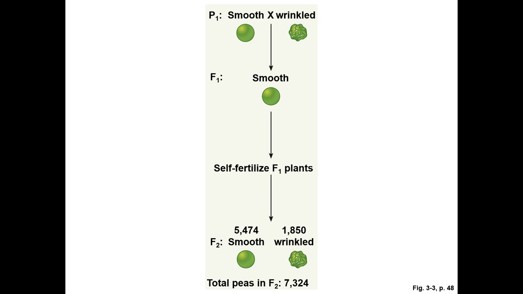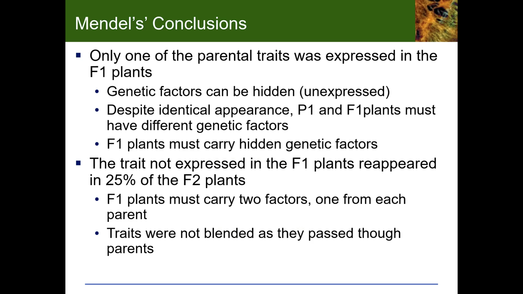Now these numbers are actually kind of important. Not that you need to have them memorized necessarily, but they're important because later on they'll show statistically that you get a 3-to-1 ratio. Now, only one of the parental traits was expressed in the F1 plants. Genetic factors could be hidden, they could be unexpressed, and despite identical appearance, the P1 and F1 plants must have different genetic factors.